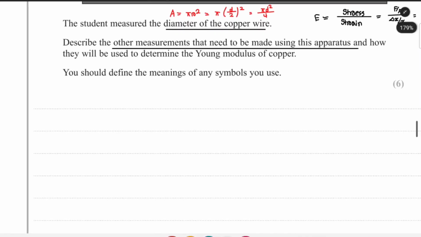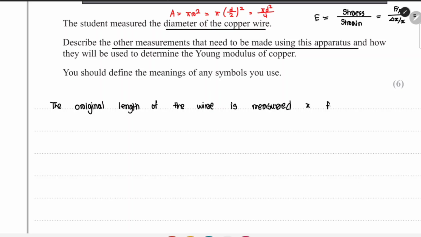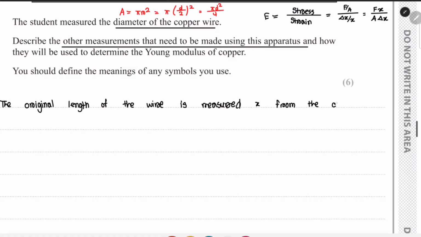So we write about that first. The original length of the wire is measured, x, from the clamp to the marker.